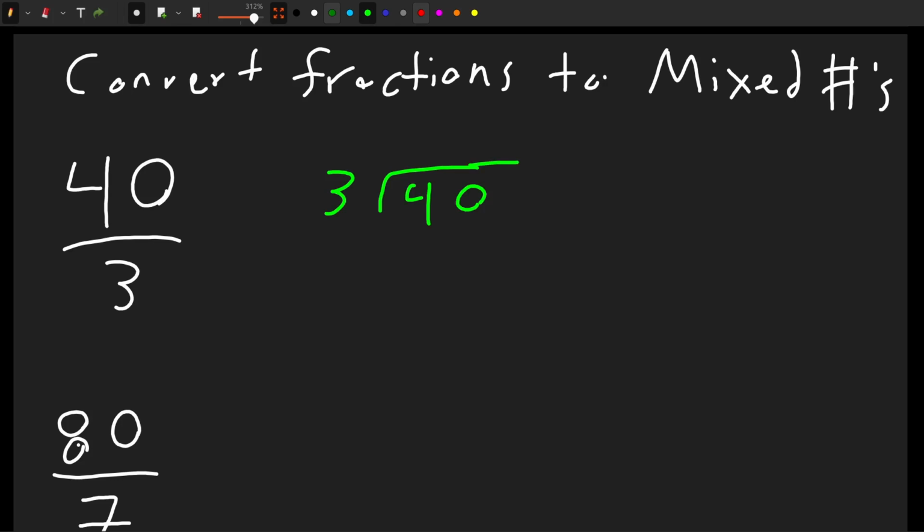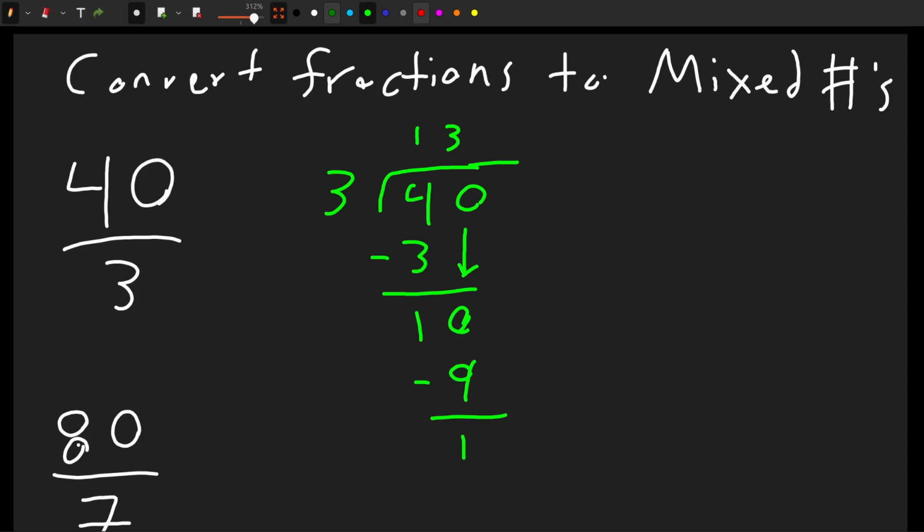Well, 3 goes into 4 one time. I get 1 times 3 is 3, and then 4 minus 3 is 1. Bring down the 0, now you get 10. Now, how many times does 3 go into 10? Well, it goes in 3 times. And we get 9.